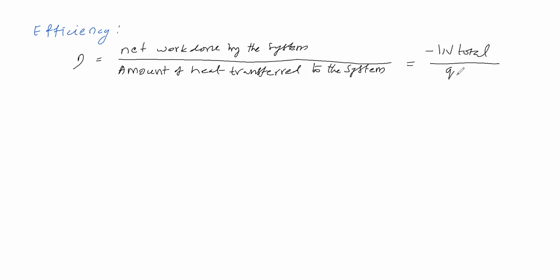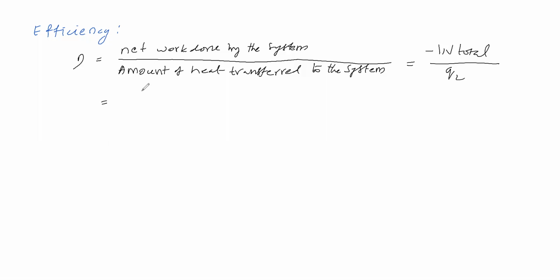That is the Q2 symbol we have taken. In the first step, isothermal reversible expansion of an ideal gas, the system absorbs heat from the surroundings, that is Q2. Next we will substitute minus W total.